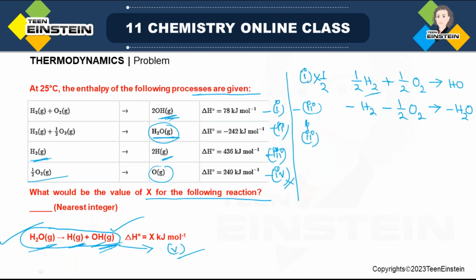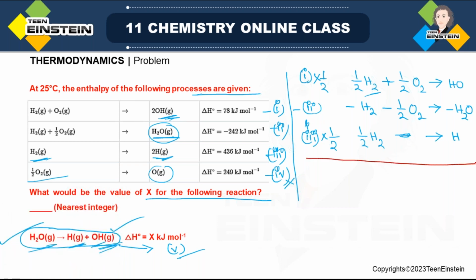So equation 3 multiplied by half. If we do so, it will be half H2, and on the product side we have 2H. So half, if you multiply, it will be H.